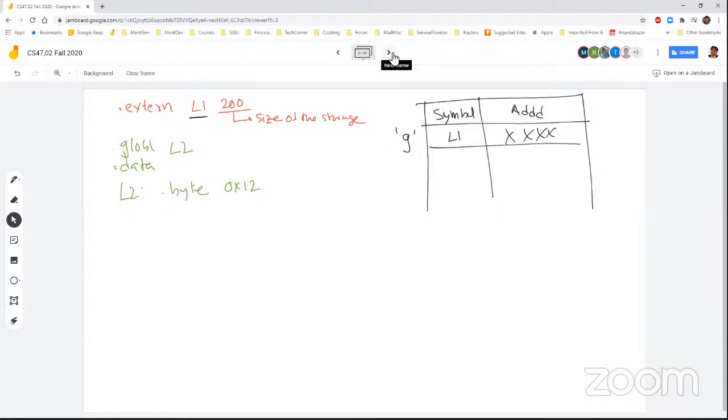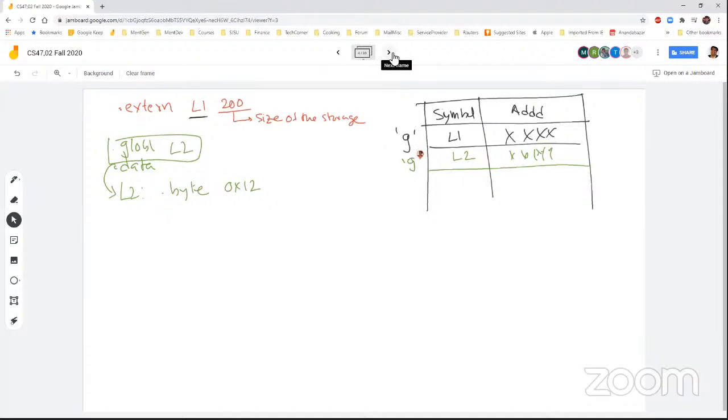It basically has the L2 in the symbol table, some address, and this one is specifically marking this L2 as a global.